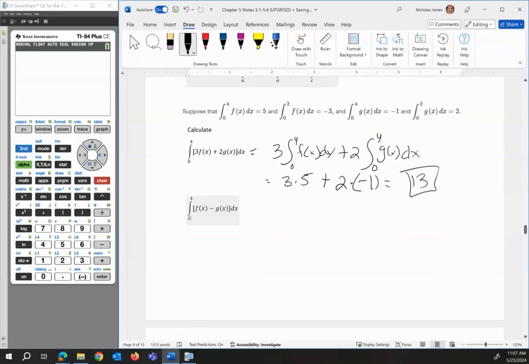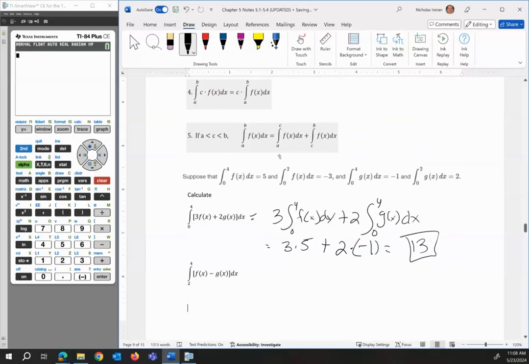Now this one's a little interesting, the integral from 2 to 4. We don't know the integral from 2 to 4 of f, and we don't know the integral from 2 to 4 of g. We know from 0 to 4 and from 0 to 2. So the general idea is if we want 2 to 4, remember how we can break it up into little pieces?